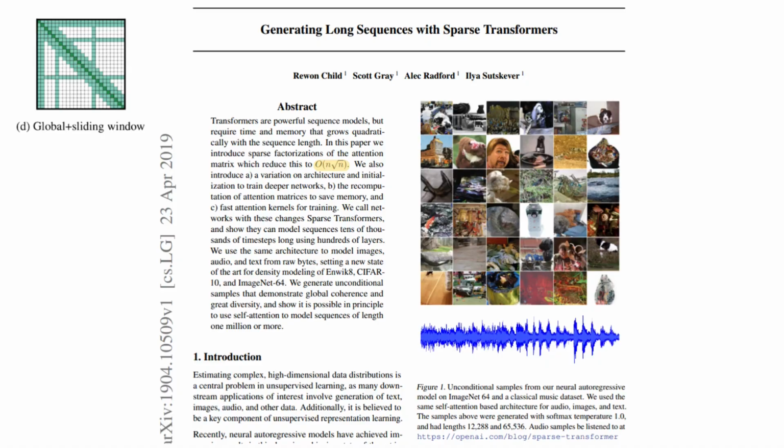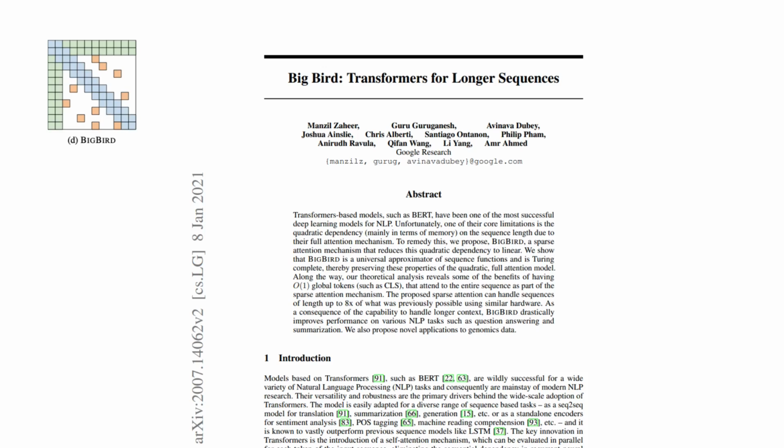Mixing these strategies is what sparse attention is all about. In one of Ilya's papers from 2019, the authors realized that they could reduce the complexity of the attention matrix from n squared to n root n by using a specific sparse attention structure with some global elements and some sliding window without too much performance loss. In 2021, the idea was refined some more with the BigBird type of attention matrix, which has a very weird shape when you first look at it.